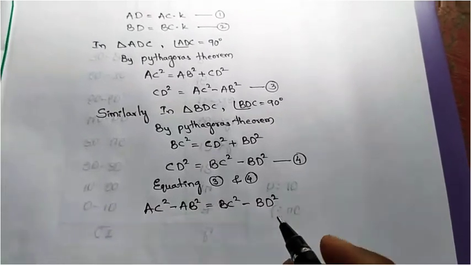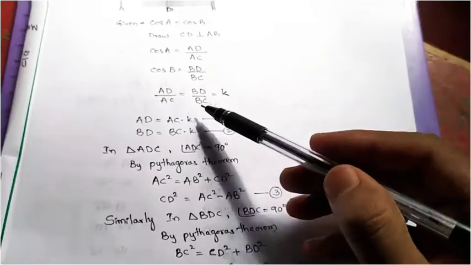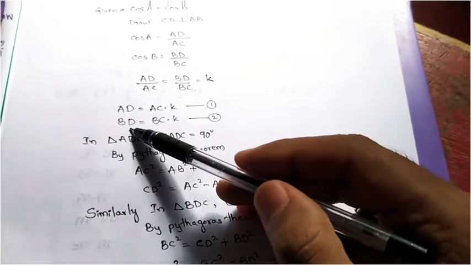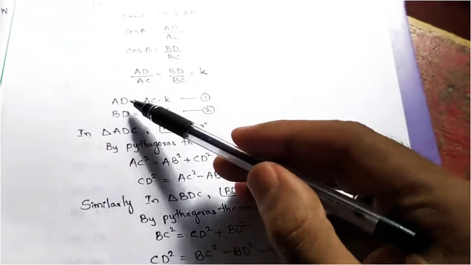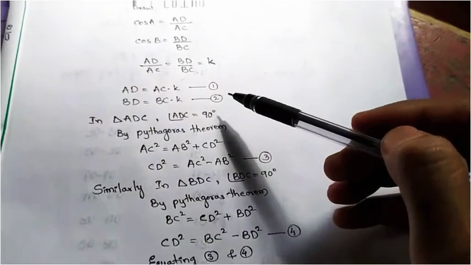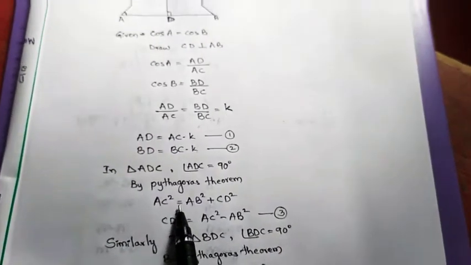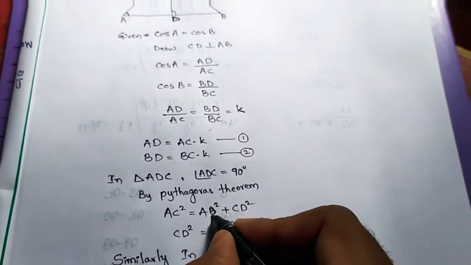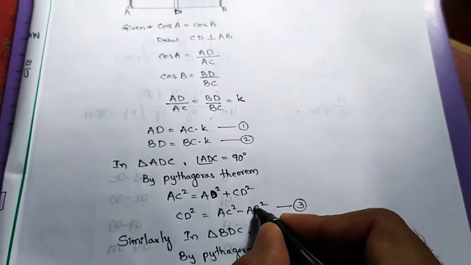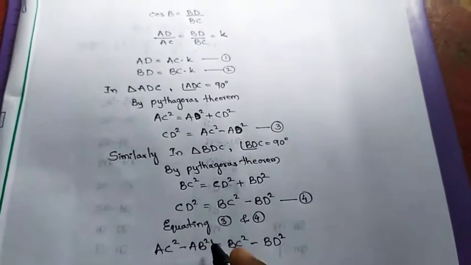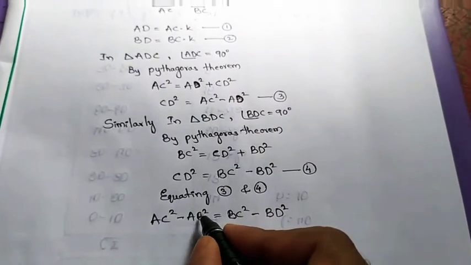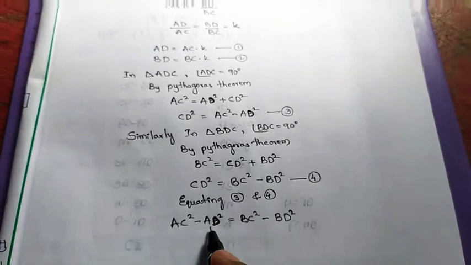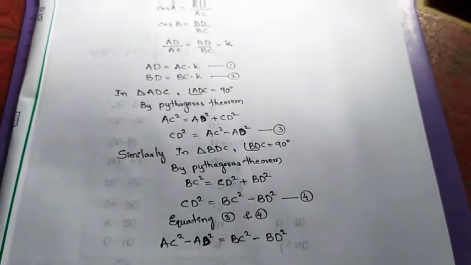Now see here, AD equal to AC into K, BD equal to BC into K, from equations 1 and 2. While writing AC square minus AD square, I wrote AB, it is not AB, that is AD square, so change it to AD. What is AD here?